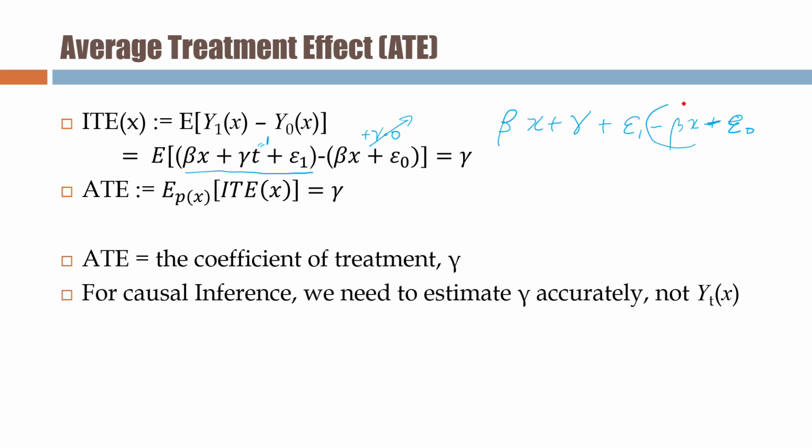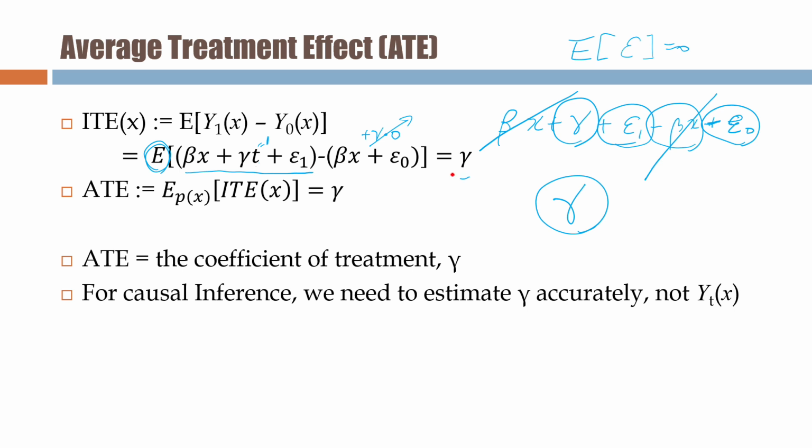But this and this will cancel each other out, only the gamma is left over. But what happened to the errors? Because the expected value of the error is always 0, and there's an expectation outside, they are gone. So the only thing left over is gamma. Gamma is a deterministic number, so if you apply the expectation over the patients, the individual data, your ATE will be gamma.